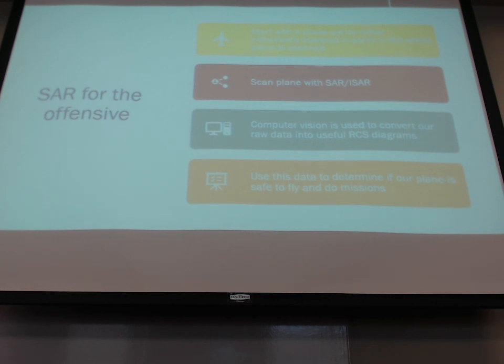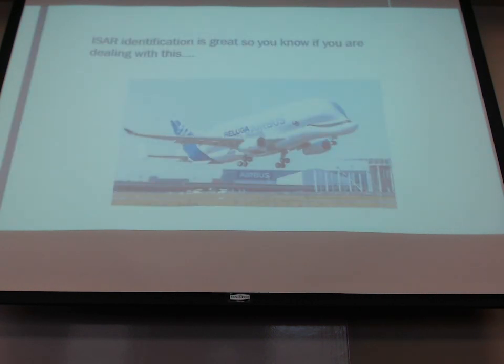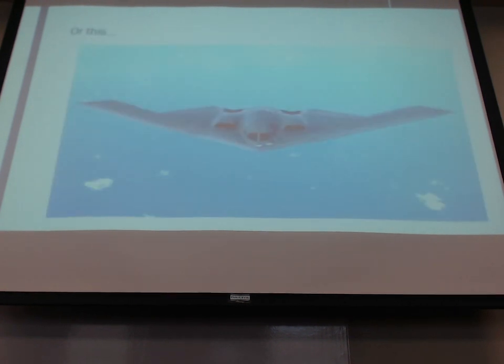We scan that, we use it to construct those RCS diagrams, and then we can use that to determine if wherever we're going can actually be accessed. And this is really important because you don't know if you're dealing with a plane that's like this, or a plane that's like this, because how you react is going to be very different, and you want to be very certain of what you're dealing with.